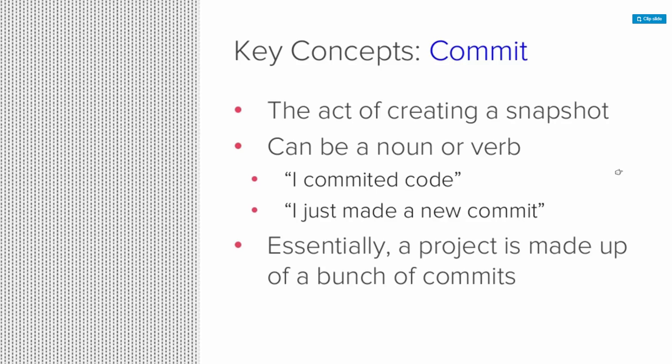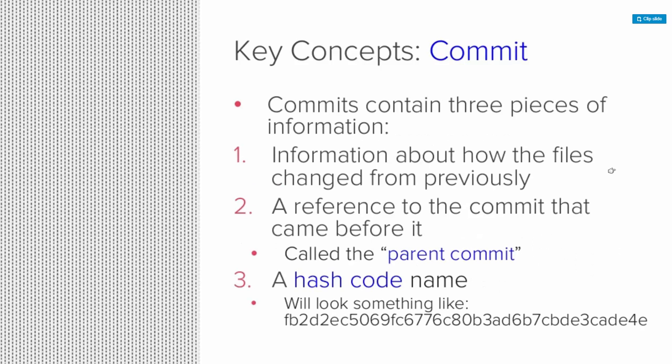Once you create one of these snapshots, in order to keep it around, you end up doing what's called a commit. All right, and as mentioned in the last bullet there, a project in essence is made up of a series of commits. When you commit, the commit, as mentioned here, contains three pieces of information.